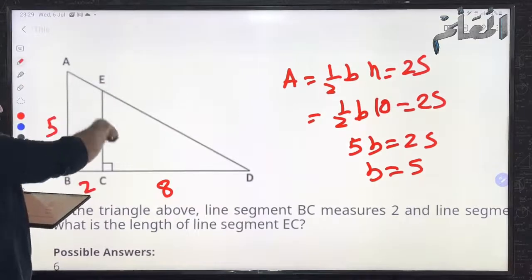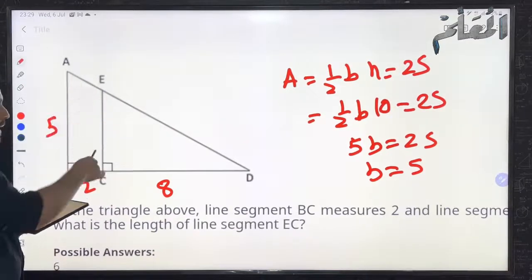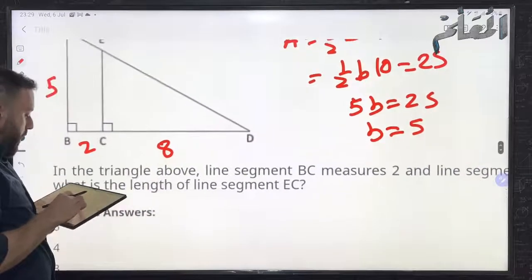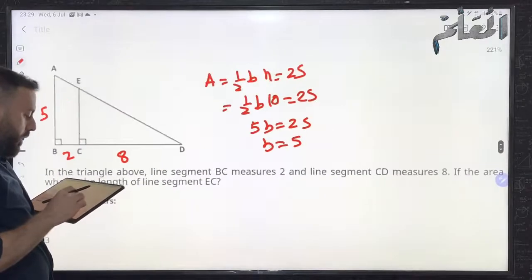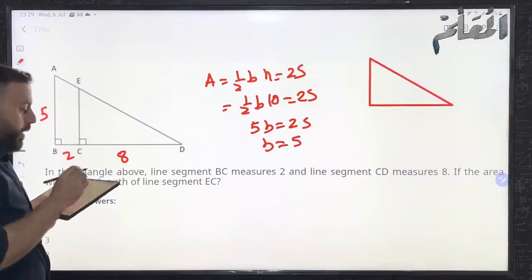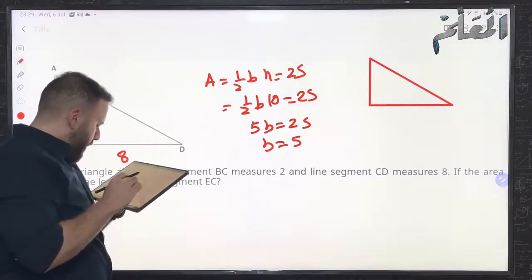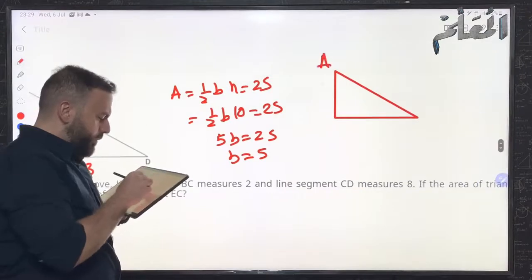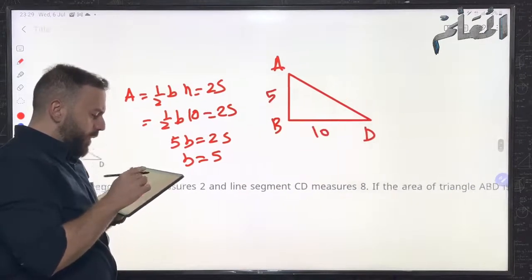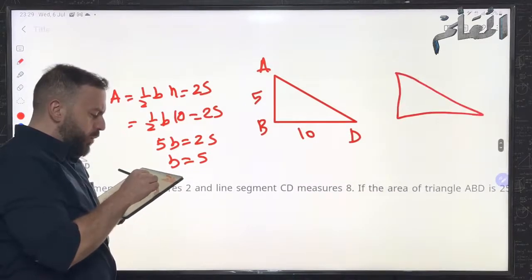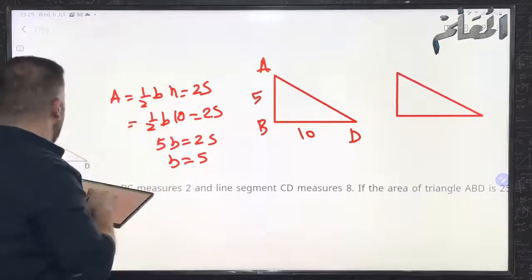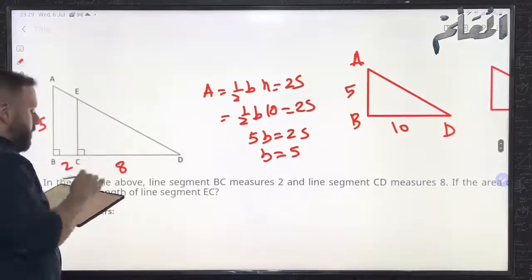So what's the size of EC? Okay, what's the size of EC? Let's check now. Now I can say that there are two triangles. The first one, as you can see here, is ABD, and this is 5, this is 10, and there's another triangle, a smaller one, okay, don't look at this, it's not a scale drawing, which is ECD.